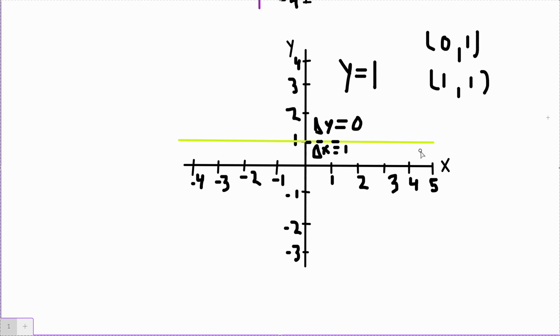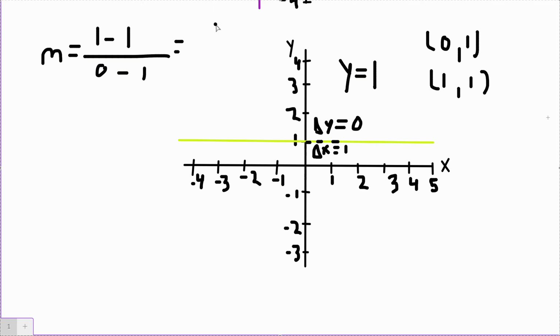Now we can also do this by subtracting like we did in the first one. So we can subtract 1 from 1 because both y values are 1. And then the first x value has 0, so the corresponding x value of 0 to go with the 1, and then the corresponding x value of 1 to go with the other 1.